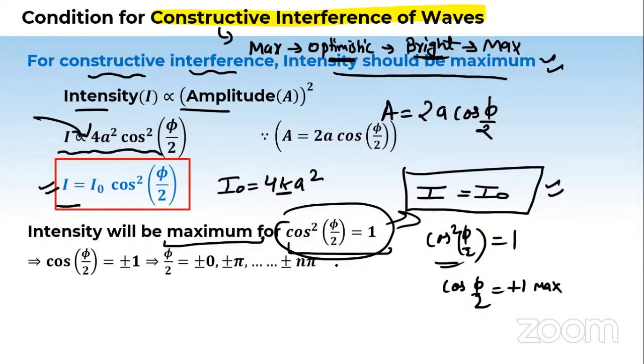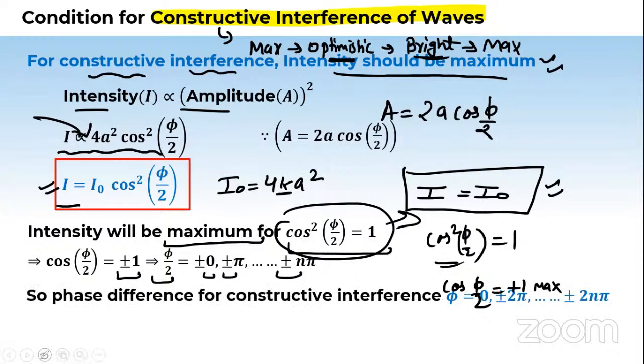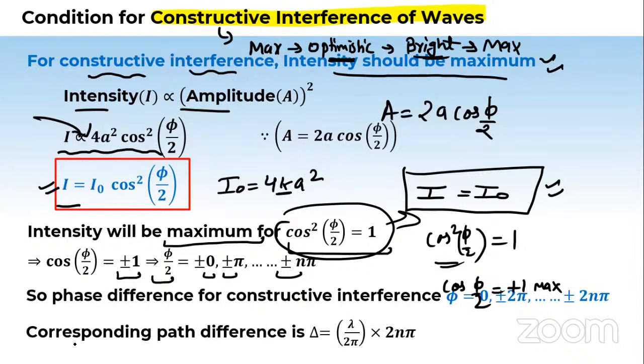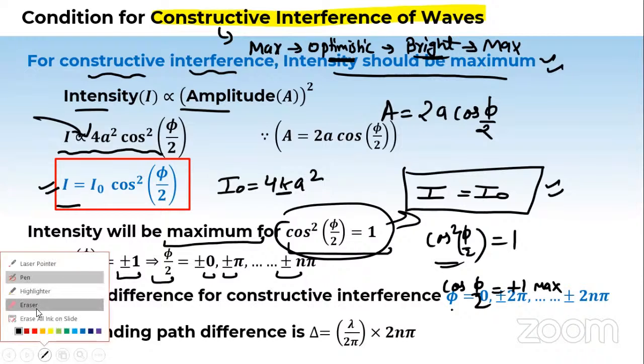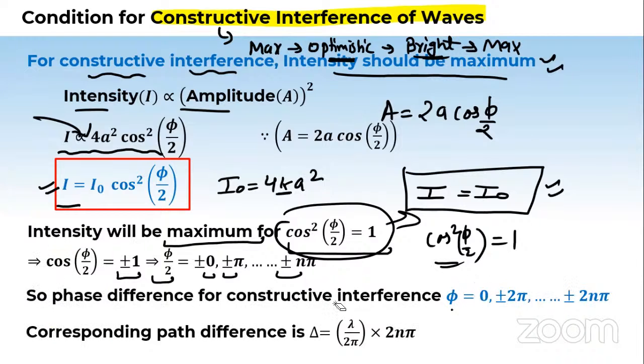For cos(φ/2) to be 1, these must be the values. So from here we get the angles, these are the angles in front of you.